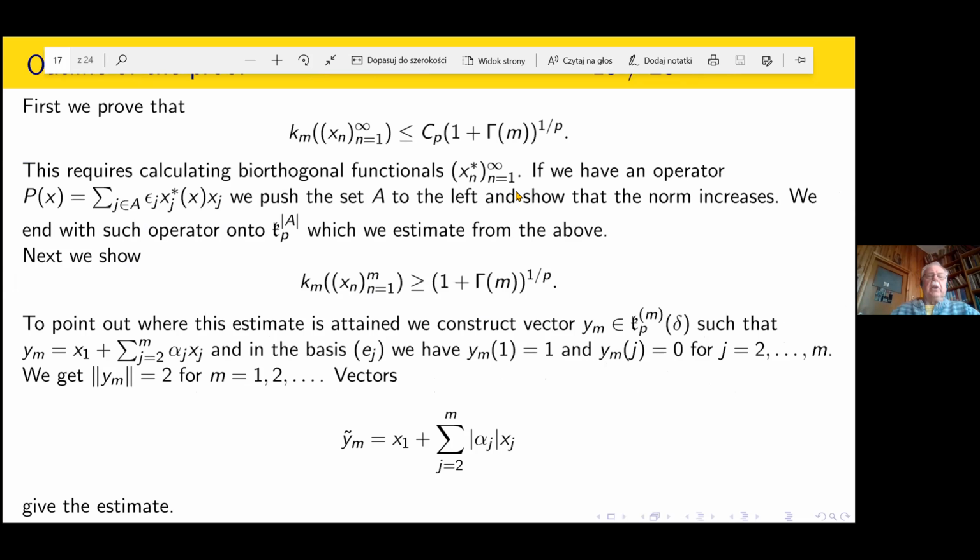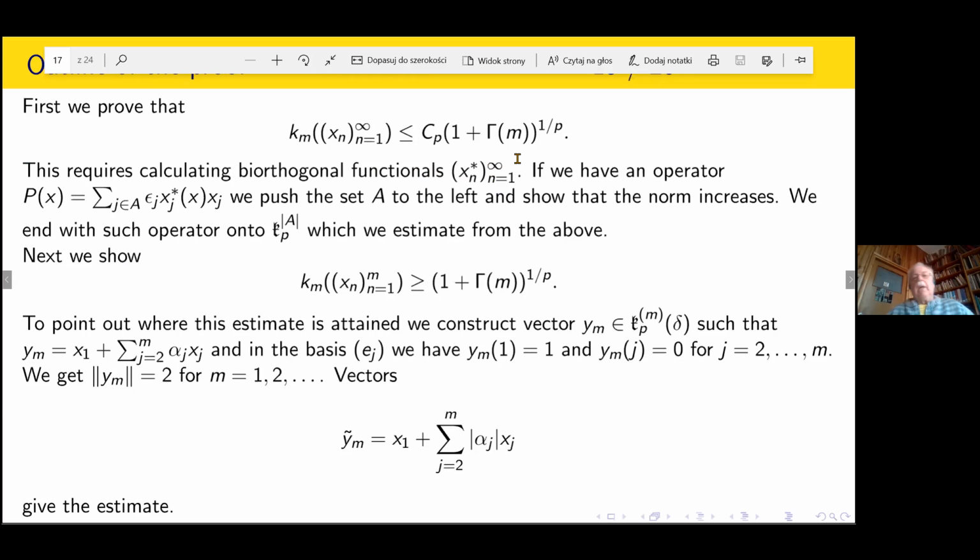Okay, so how do we prove it? Surprisingly enough, or maybe not surprisingly, this requires the calculation of biorthogonal functionals, because we deal with projections, something like this. Actually, we deal with operators which have some epsilons here, where epsilon is plus or minus 1. And for this, we would like to have formulas for the coefficient functionals.